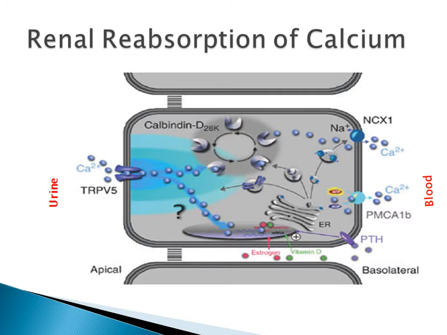On the left-hand side, it shows the urine side, where calcium is absorbed from the urine through the TRPV5 channels, which are genetically determined, and the calcium molecules are attached to calbindin and transported across the cell onto the blood side on the right-hand side, where you can see there are a couple of ways that calcium can be reabsorbed, either with the NCX in exchange for sodium, or the PMCA1B channel, which pumps the calcium into the bloodstream.